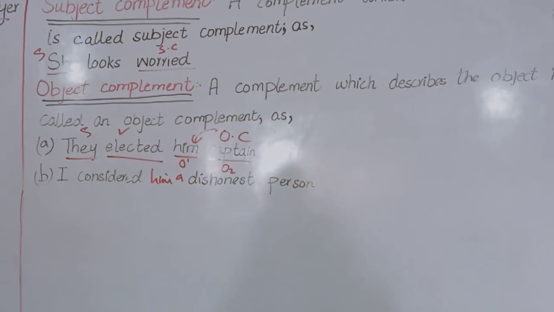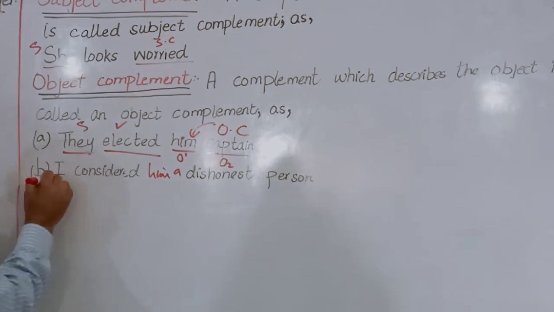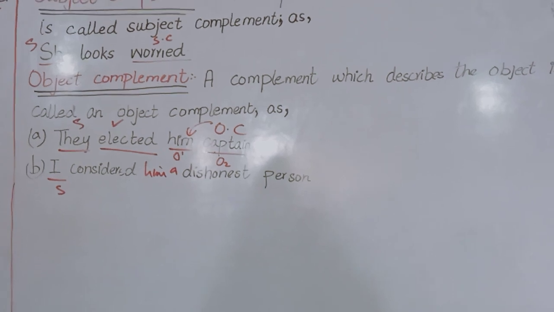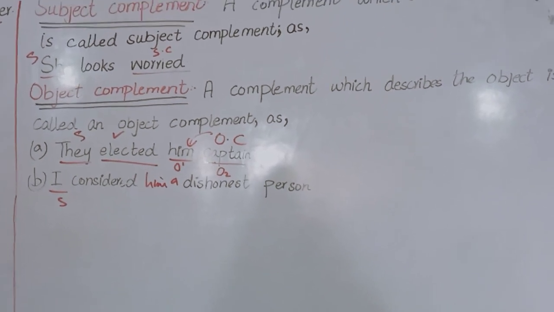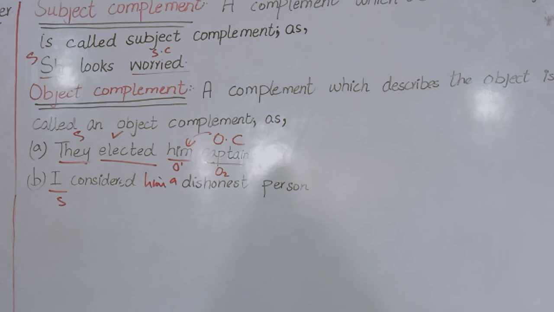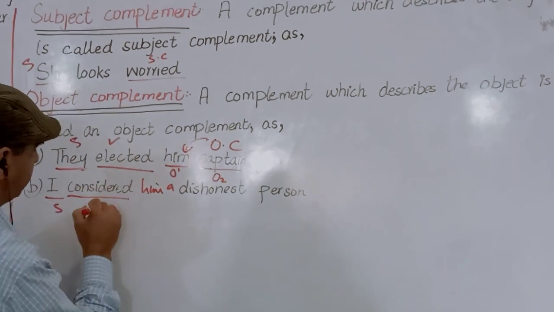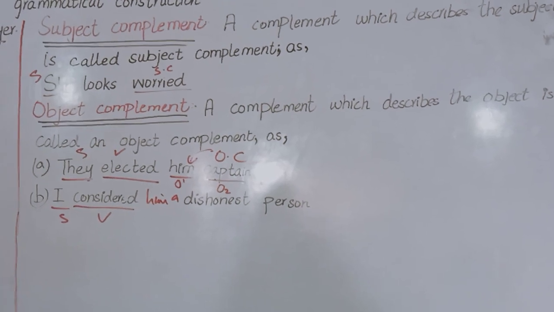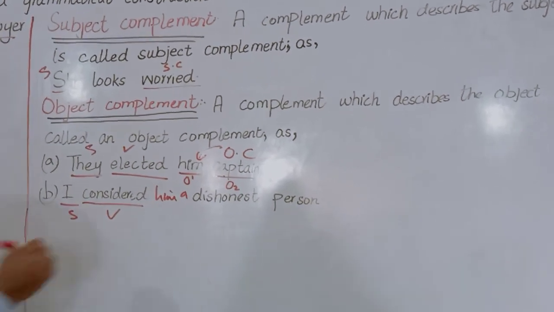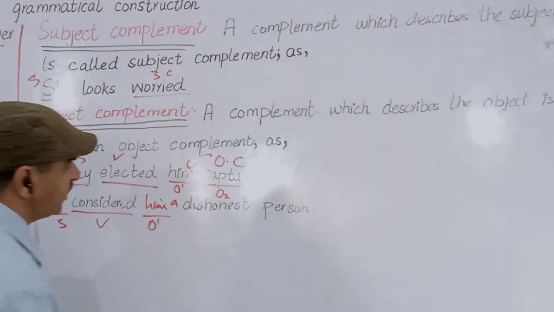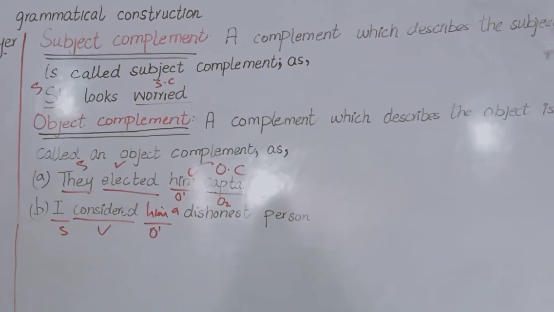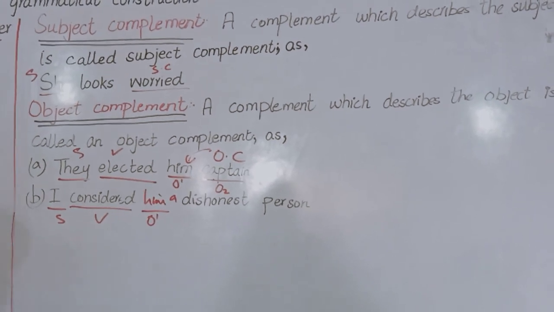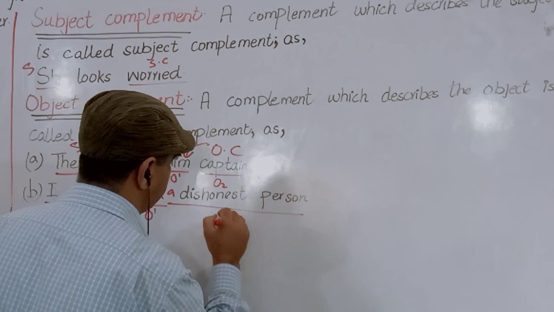I is the subject. Considered is the verb. And what is the object? Him is an object, object 1. And what is another object? A dishonest person, object 2.